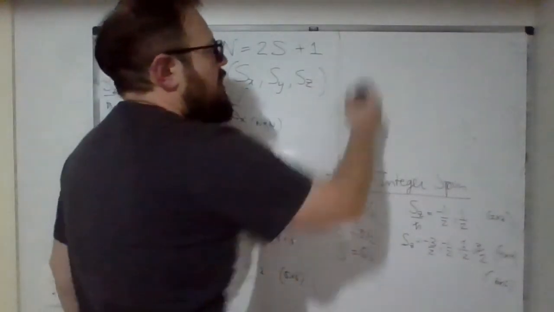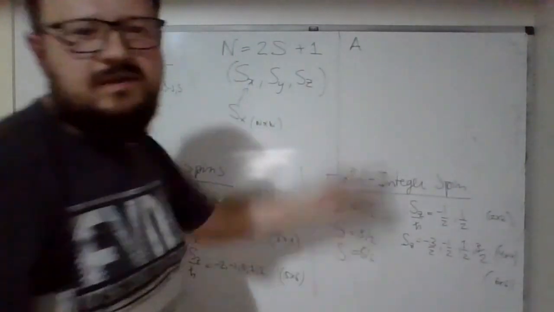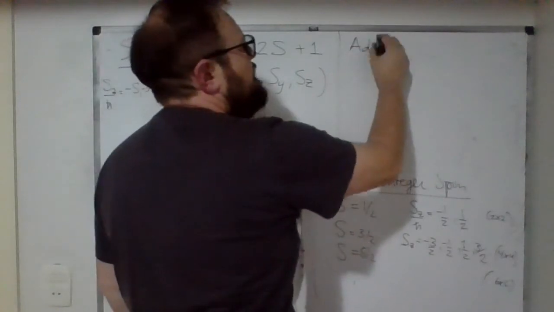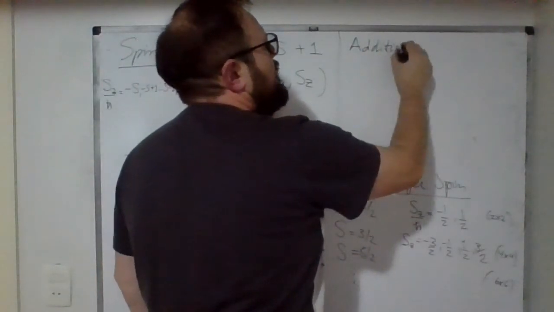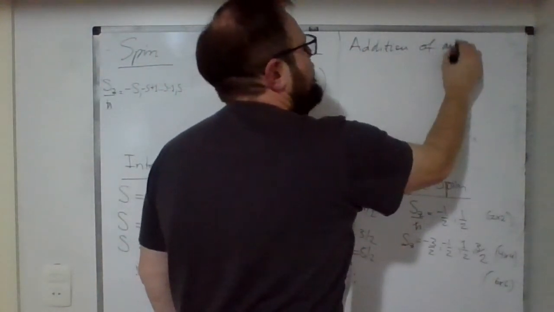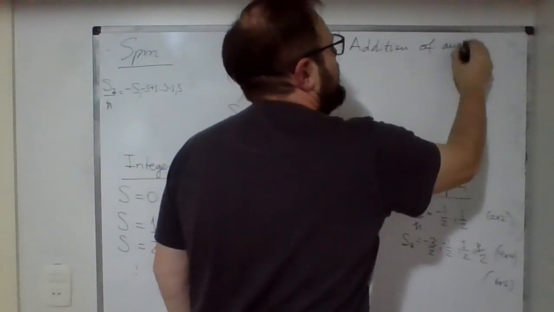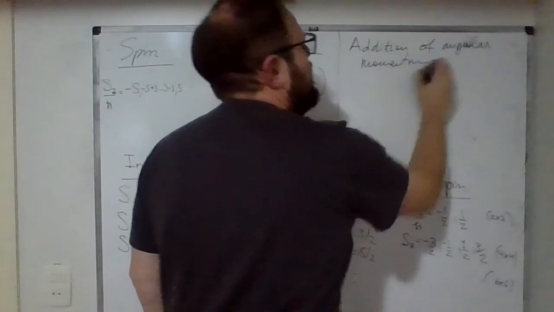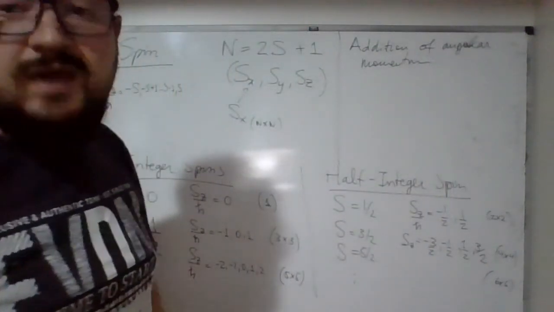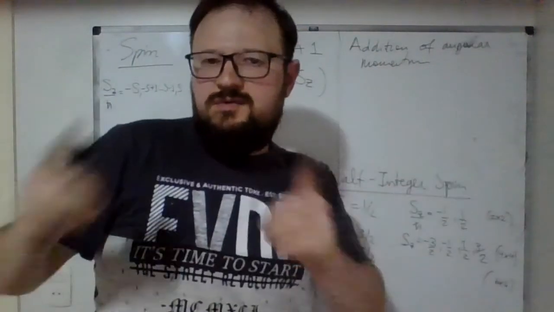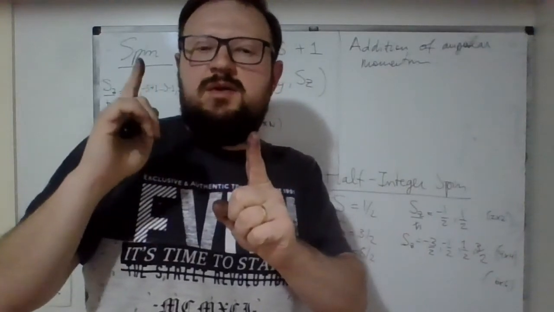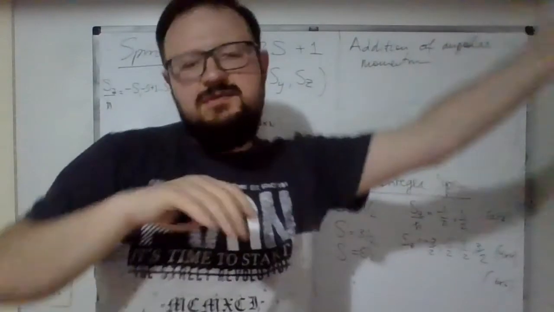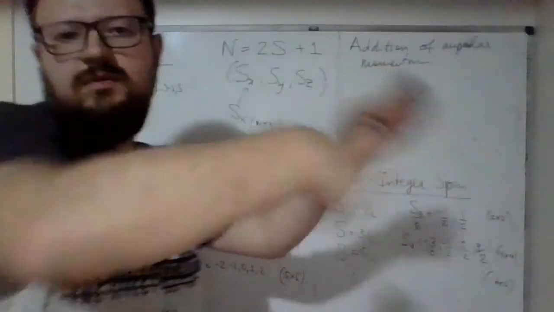There is a property which goes beyond the scope of what we are trying to talk about: the addition of angular momentum. If you have n particles, you can add particle 1 to 2, find the resulting system, and add the next one, proceeding that way.